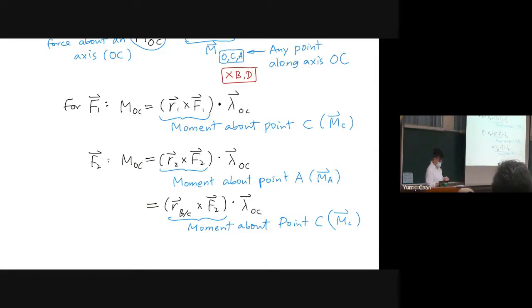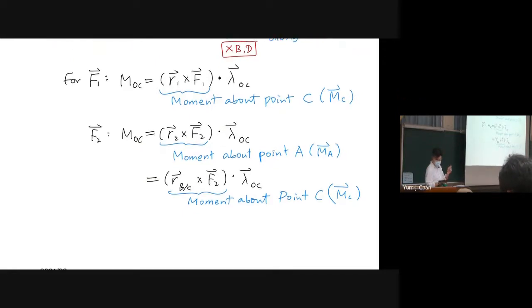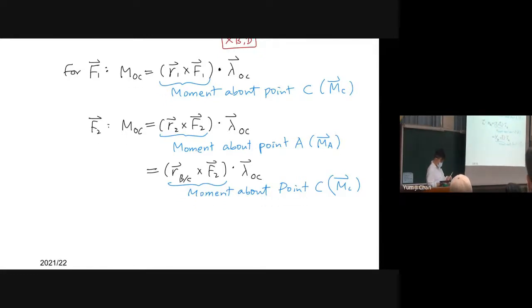And let me write it down quickly. I can copy this for you. I'll give you the soft copy for this line. Because R_B with respect to C is equal to R2 plus R_A with respect to C, right?